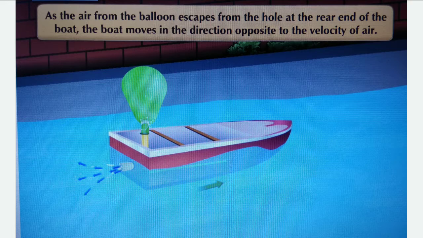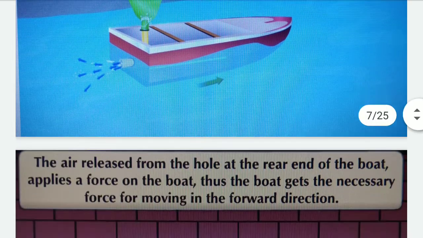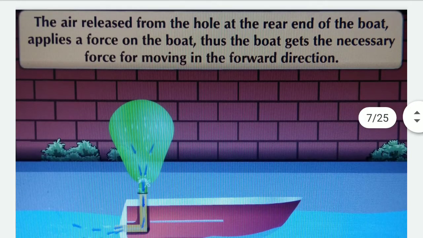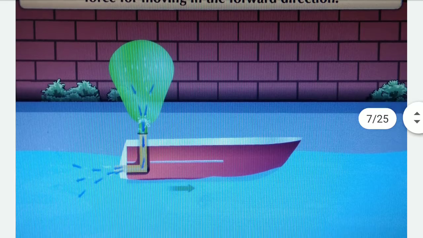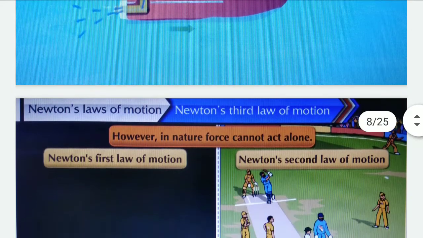Air is given out from the left side and the boat is moving to the right side. The air released from the hole applies a force on the boat. Thus, the boat gets the necessary force for moving in the forward direction.